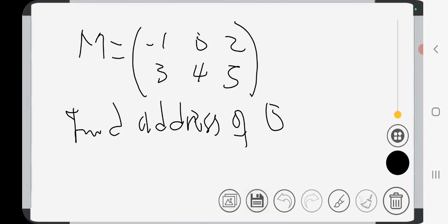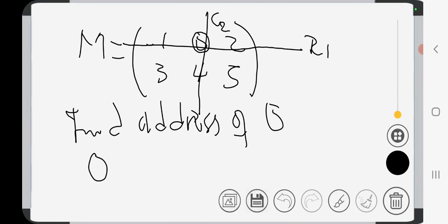Now this 0 is on this horizontal line and on this vertical line. The horizontal line I wrote there is R1, but it's located on the second vertical line, so I'll write it as C2. So element 0 is in row 1 and column 2. So I'll write it as 0, that's A subscript 1 2.